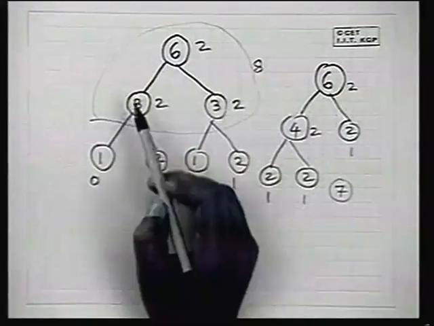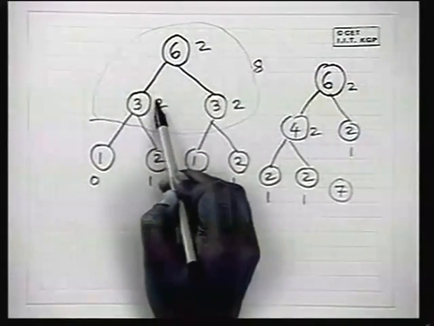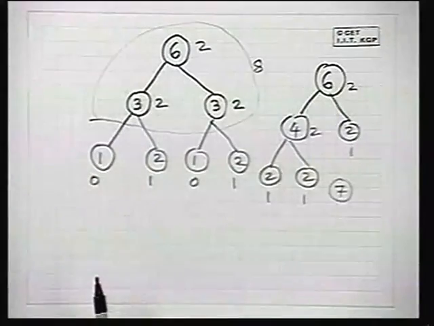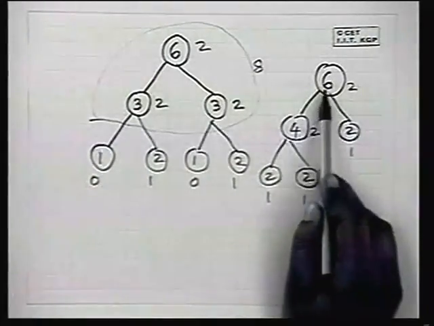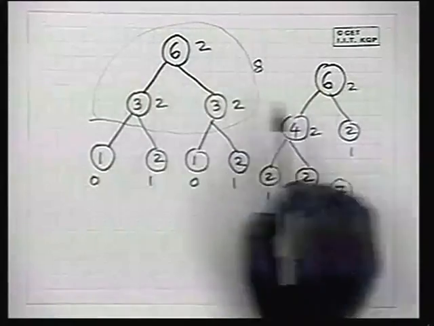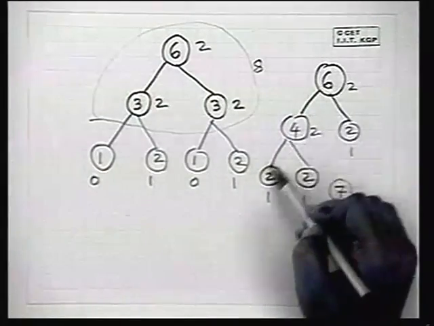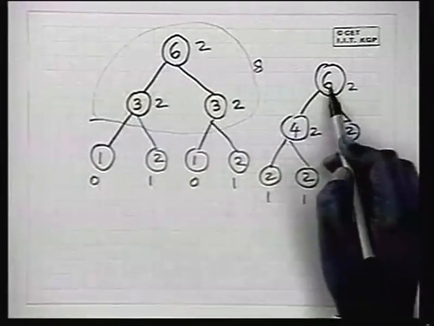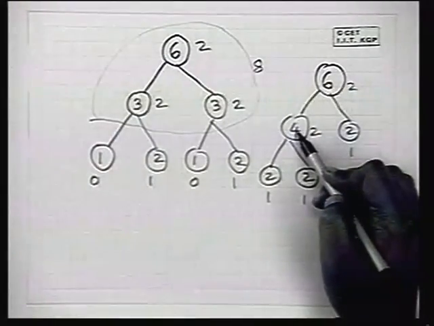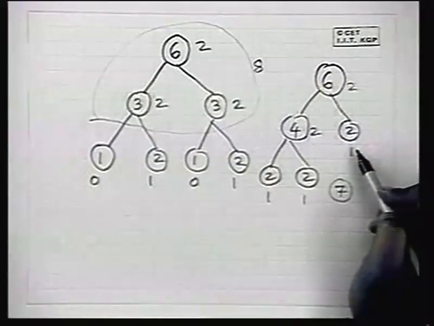I repeat, every internal node is of cost 2. Alright. Now if you minimize the number of internal nodes, if there are 2 internal nodes, there will have to be only 3. If there are 2 internal nodes, then how many external nodes can there be in a tree?